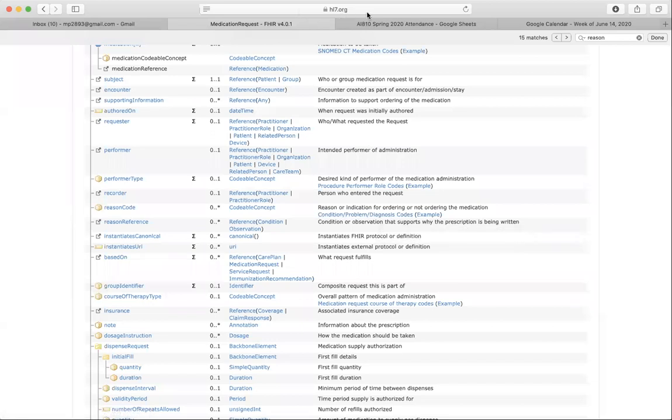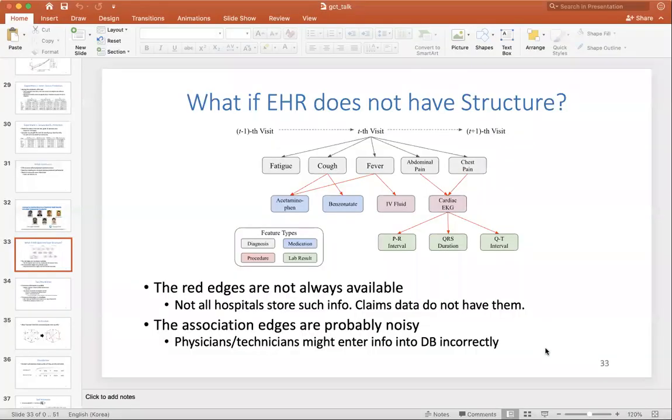So originally this red arrow should be installed in the hospital system, but not all hospitals force their nurses or doctors to input the reason code, or maybe they just ask Epic or some EHR vendor to remove that field so that they don't have to bother with it.